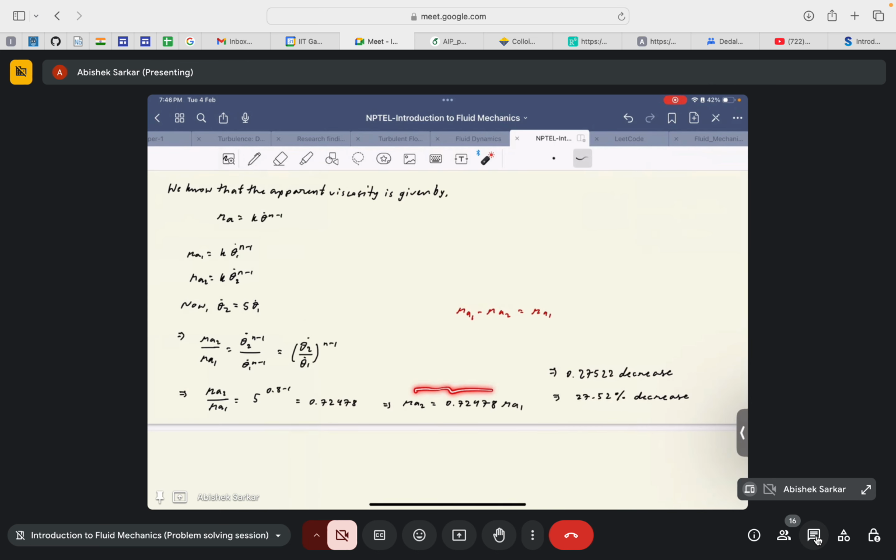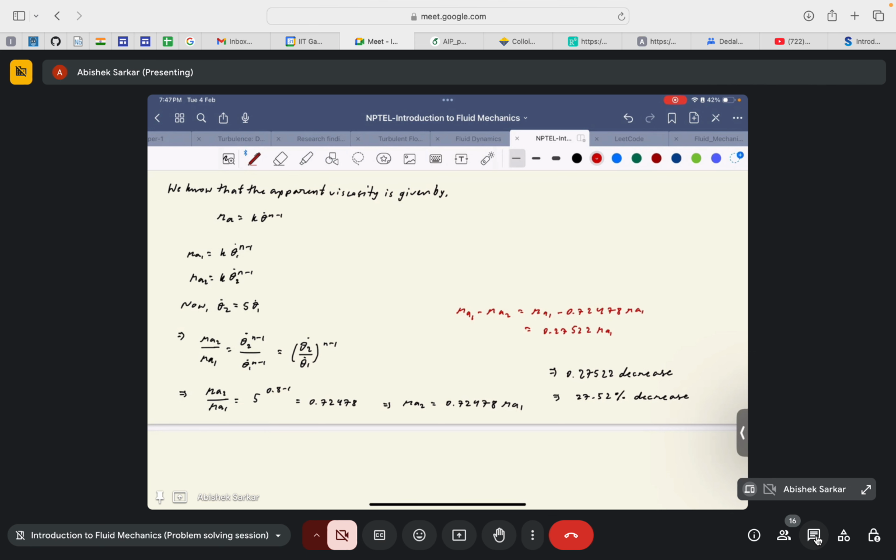Substitute this value for mu a2, we will get mu a1 minus 0.7248 of mu a1, which is equal to 0.27522 of mu a1.